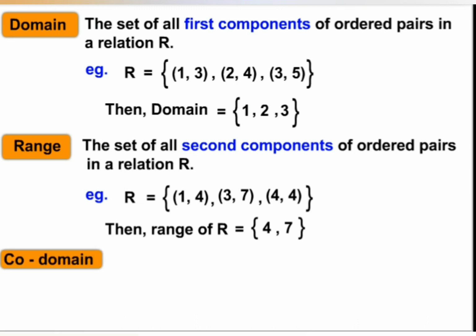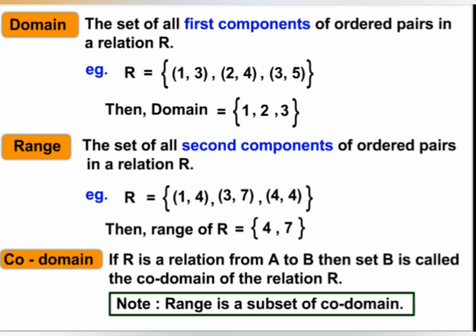Codomain. If R is a relation from A to B, then set B is called the codomain of the relation R. Please note that range is a subset of codomain.